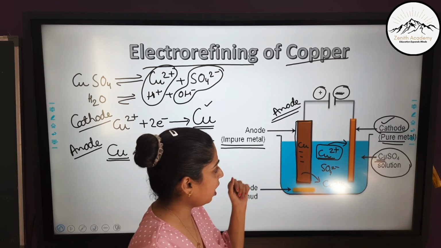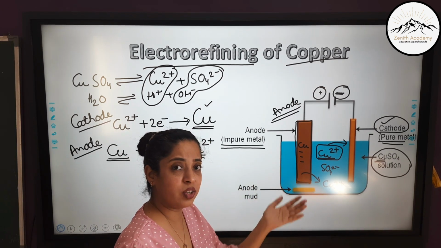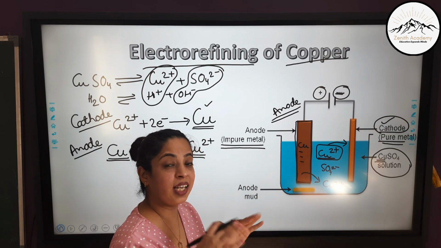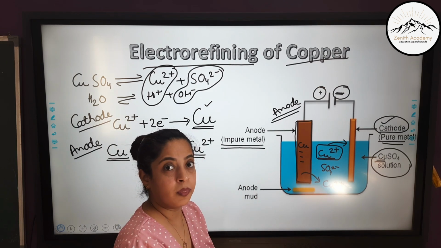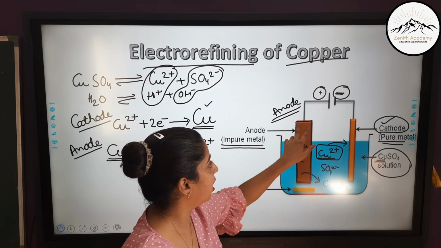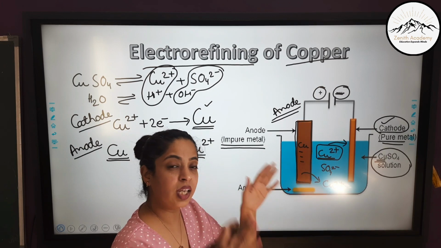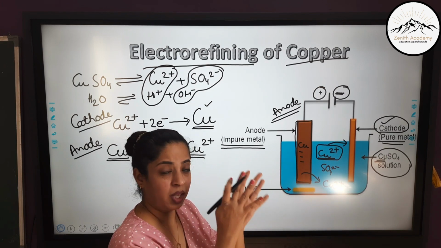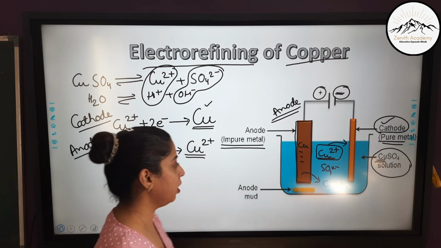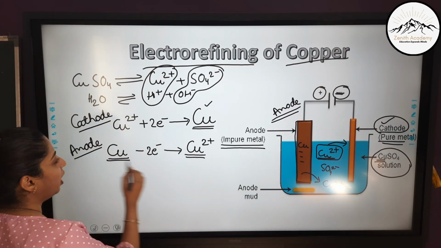Now as soon as we see in the electrolysis that the blue color of the solution is fading, we come to know that there are fewer copper ions, and we also see that the anode keeps on reducing in mass. Then we will replace it. What is happening at the anode?